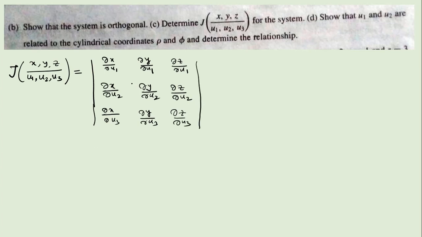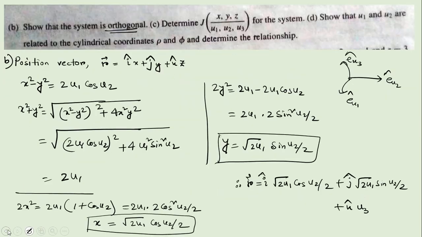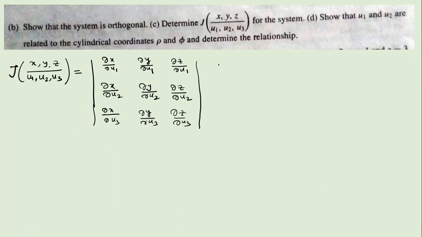Okay, and if we take partial derivatives with respect to u1, you know the values of x, y, and z. This is the value of x and this is the value of y, and z is u3. If you just take the partial derivatives, you will get root 2 into 1 by 2 root u1 cos of u2 by 2, and root 2 into 1 by 2 root u1 sin u2 by 2, and 0.